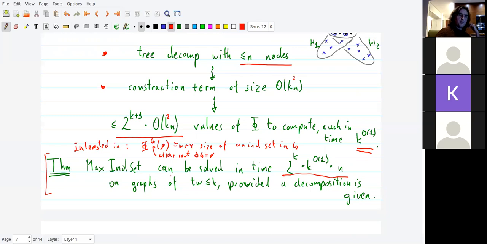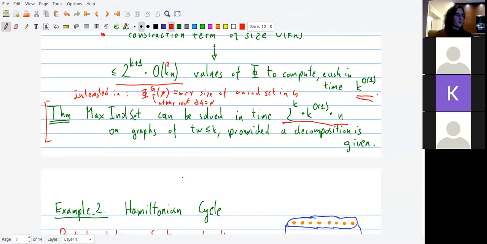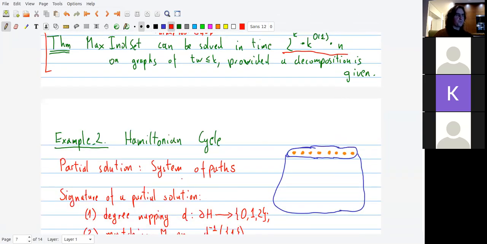So this principle of dynamic programming on bounded treewidth graphs can be applied to many more problems, and we will discuss it in a moment. But maybe if there are any questions at this point to this result. Okay, good.